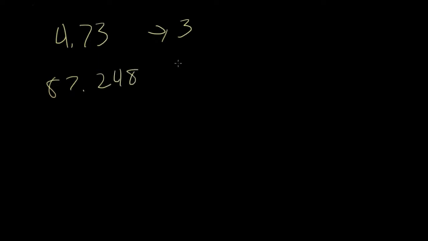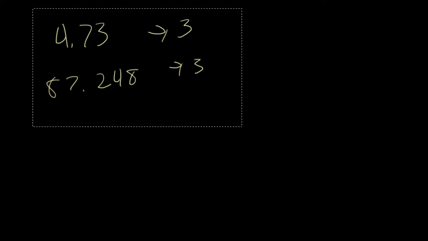So, first of all, numbers are significant. If I have 4.73, then that's 3 sig figs. If I have 87.248, that's 5 sig figs. Non-zero numbers are always significant. The problem arises when we have zeros, and it's not always clear what we're supposed to do.